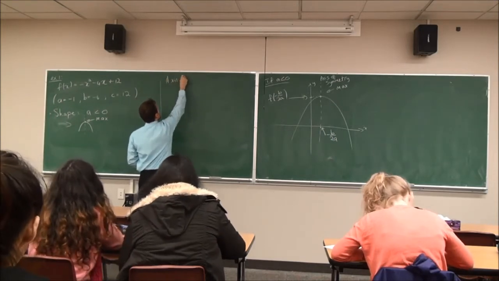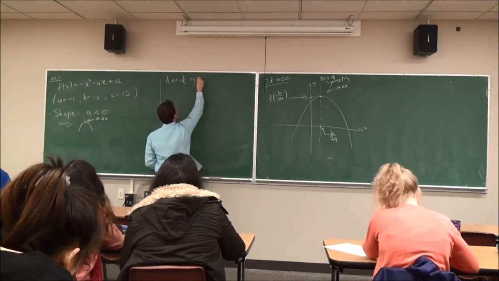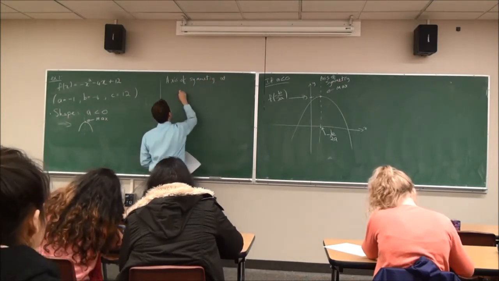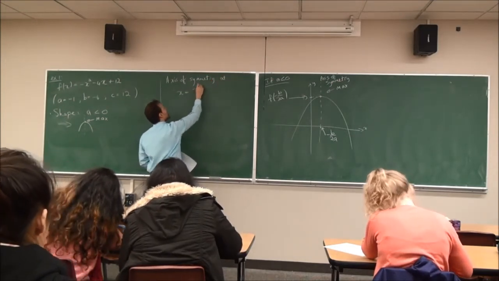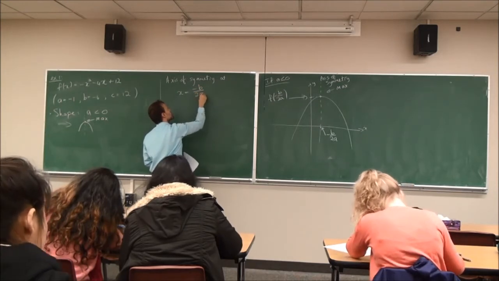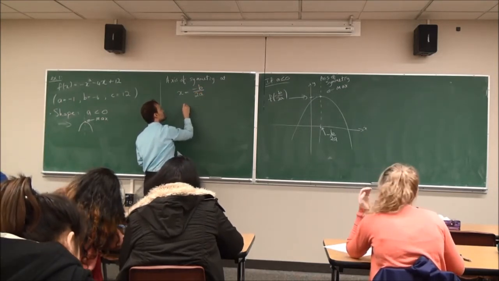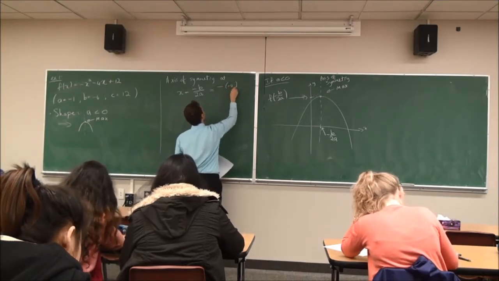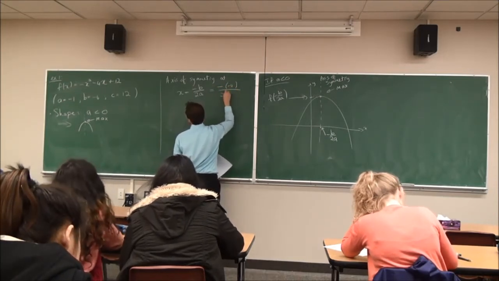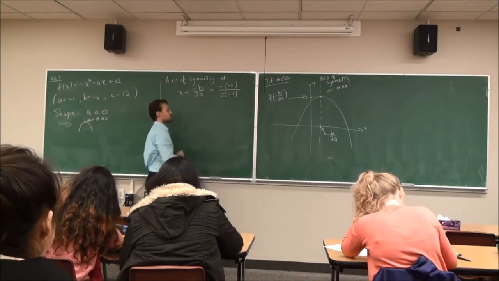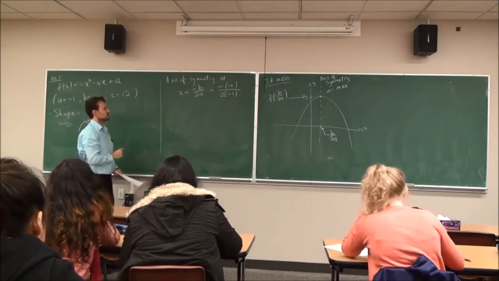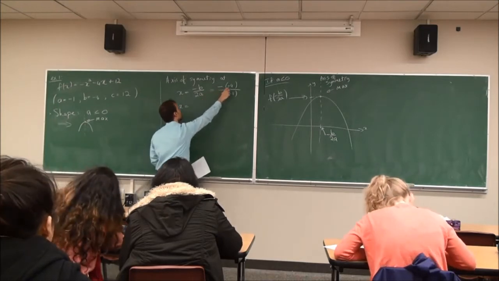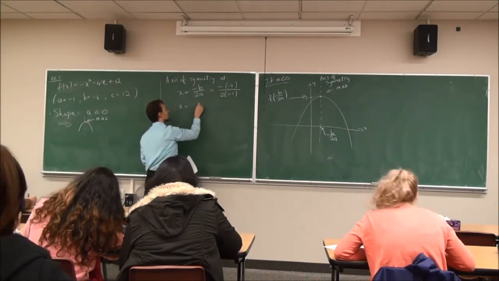So the axis of symmetry is when x is equal to -b over 2a, which is negative 4 over 2 times negative 1. So x is equal to 4 over negative 2, which is negative 2.